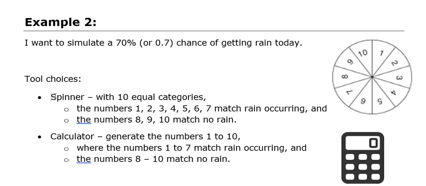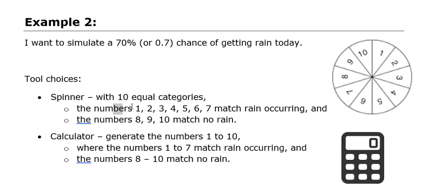I could, however, use a spinner, and I could have 10 different categories. Each of those 10 categories, and you can see in the diagram here, must be the same size. So I'm trying to match up, there's a 70% chance or 0.7 chance of getting rain. So I need to match up 7 of those 10 numbers to that probability of 7 over 10, or 70%.